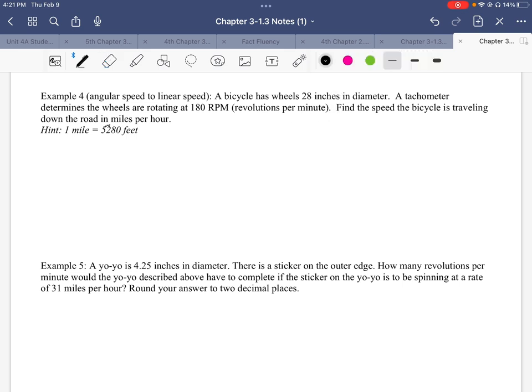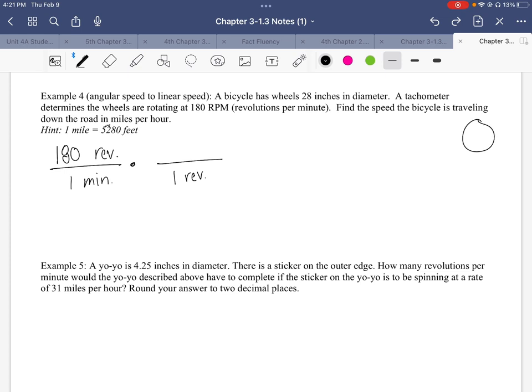So I'm going to go ahead and start with the 180 revolutions per 1 minute. Okay, and I'm trying to get from revolutions into miles eventually. So I'm going to use what I know. I know that 1 revolution is going to be tied to this 28 inches in diameter, right?